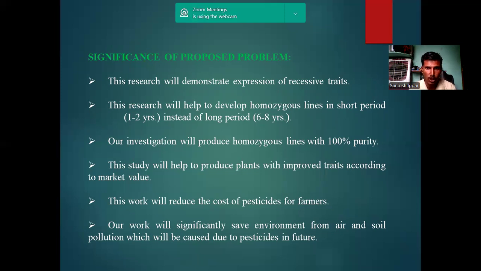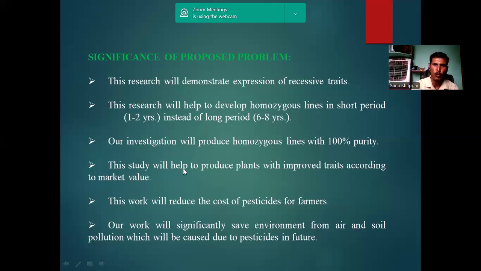But by using this technology, the recessive traits, that is small t, can also be expressed after diploidization of haploid plants. This research will help to develop homozygous lines in a short period instead of a long period of 6 to 8 years. Our investigation will produce homozygous lines with 100% purity.